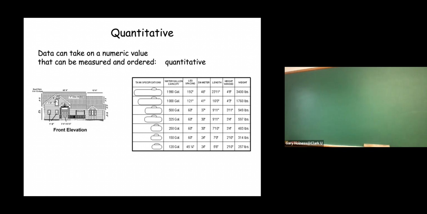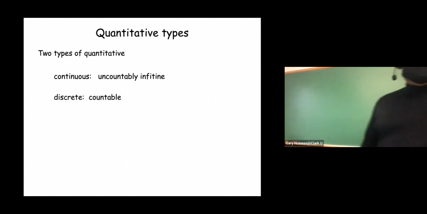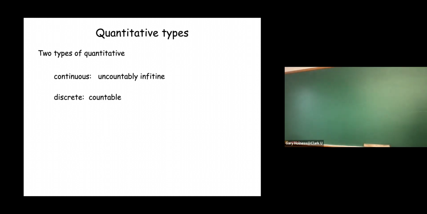And so these numerical variables can arise in two different flavors. One is so-called continuous, and one is called discrete. And the distinction is these continuous variables, you can think of them as being real value.